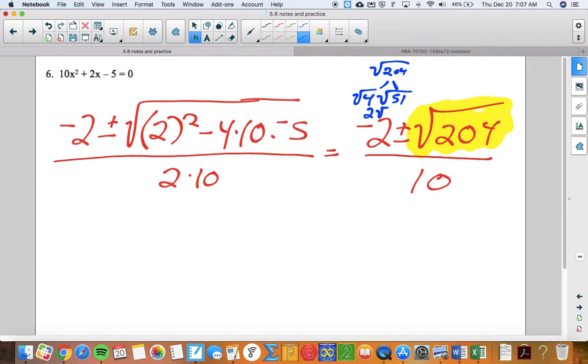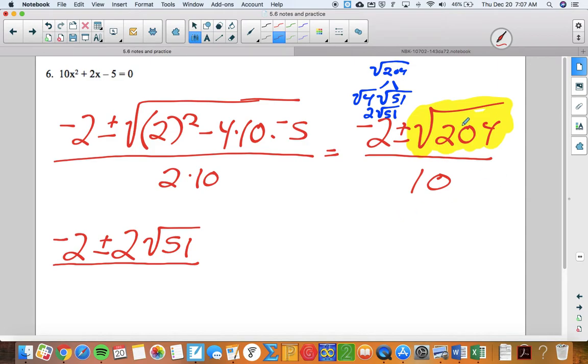So this simplifies to 2 square roots of 51. So I'm going to rewrite that now. So negative 2 plus or minus 2 roots of 51. That work in blue is how I took the highlighted square root of 204 to this, divided by 2 times 10, which is 20.